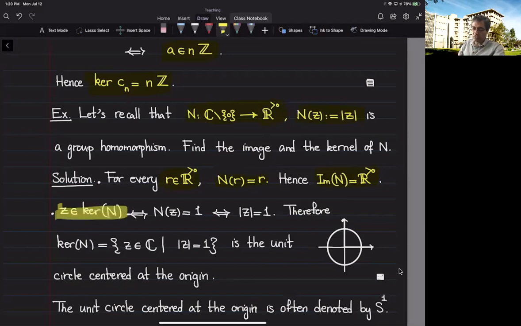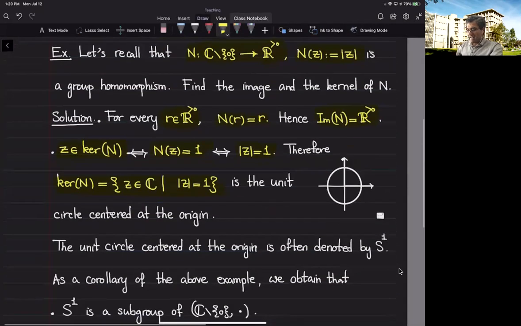Now, what is the kernel of this map? An element belongs to the kernel if and only if its norm is 1. That happens precisely when it is on the unit circle centered at the origin. So that's the kernel, and it is denoted by S sub 1. That is what we use to denote the unit circle centered at the origin.